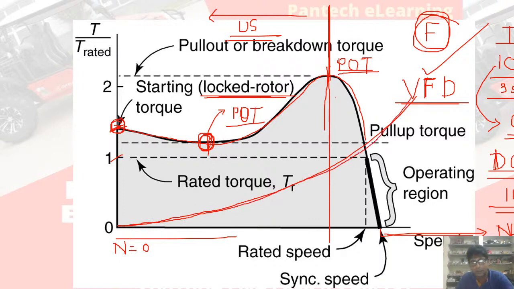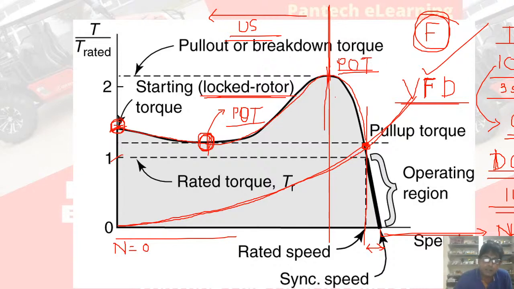That means this is the resistance offered by the pipeline to oppose the flow. And the point where they intersect, this point is my operating point, and this is my slip.